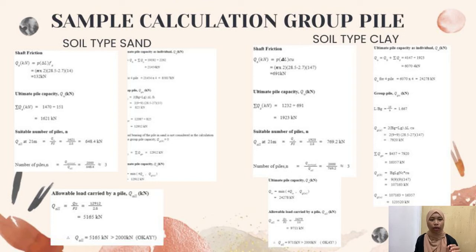Taking the value of Q allowable at termination depth 20 from the single pile calculation before, which is 648.4 kN, we will calculate the number of piles by dividing the Q vertical, which is 2000 kN, by the Q allowable, 648.4 kN. Thus, we obtain 3 as the number of piles. For further consideration, we take 4 as the number of piles that we use to design the pile foundation.